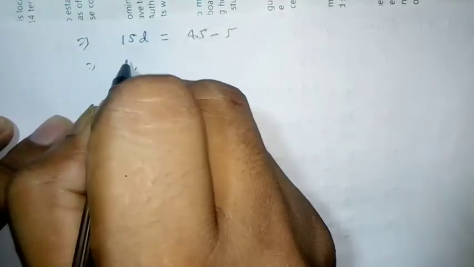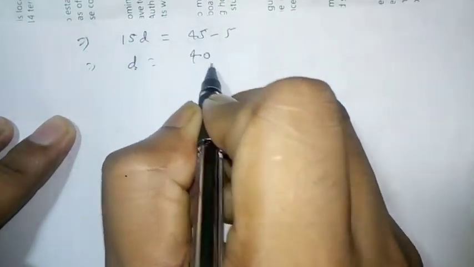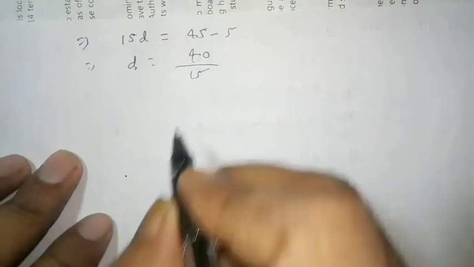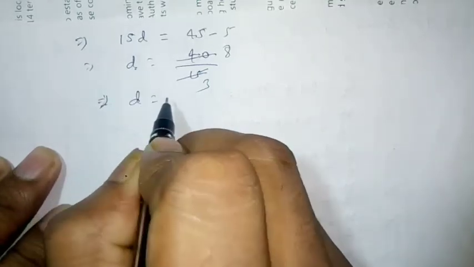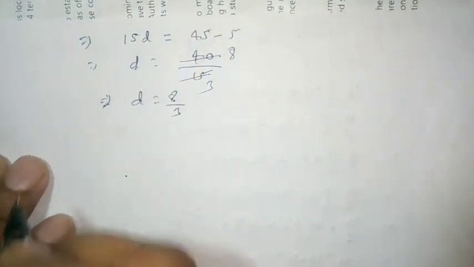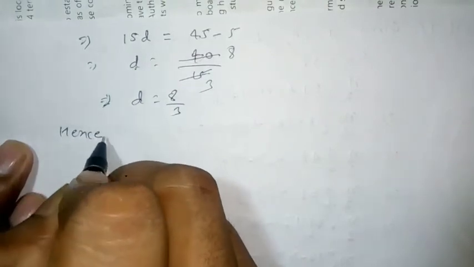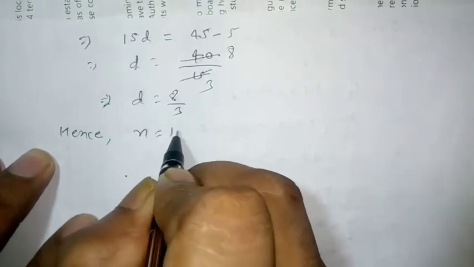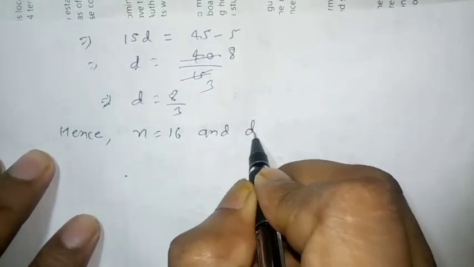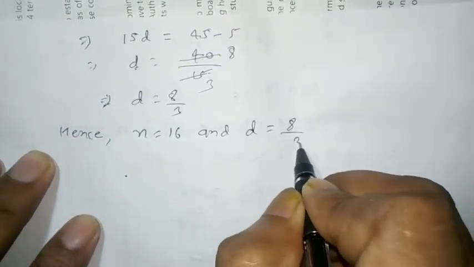Implies 15d is equal to 45 minus 5, implies d is equal to 40 by 15. Implies d is equal to 8 by 3. Hence n is equal to 16 and d, the common difference, is equal to 8 by 3.